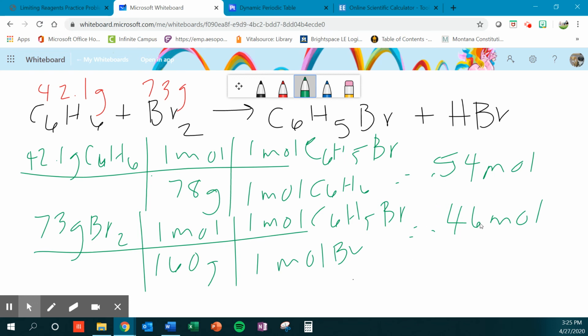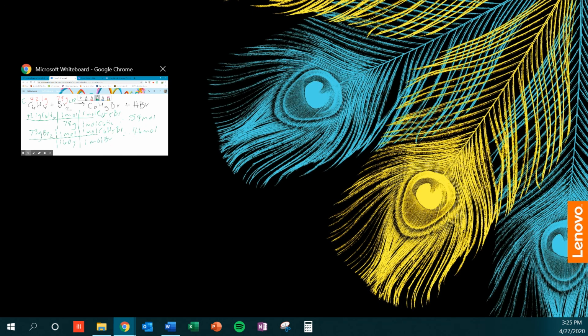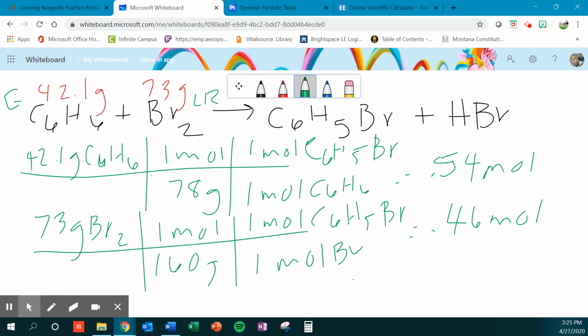And so bromine is our limiting reactant, where the C6H6 is our excess reactant. Okay. And so now that we know that, we need to figure out what the theoretical yield is. And so based off of this, we would need to convert this 0.46 moles of C6H5Br to grams.